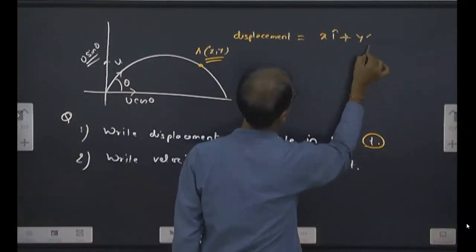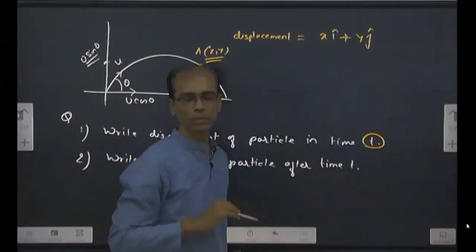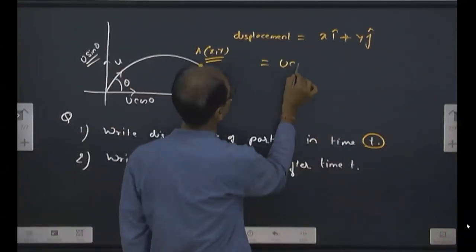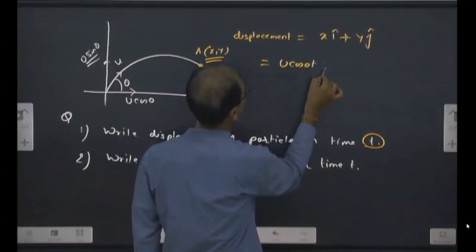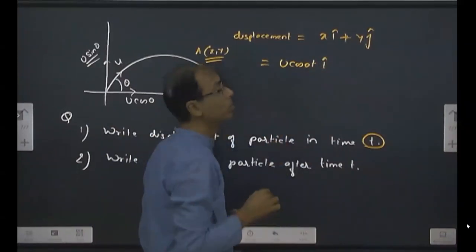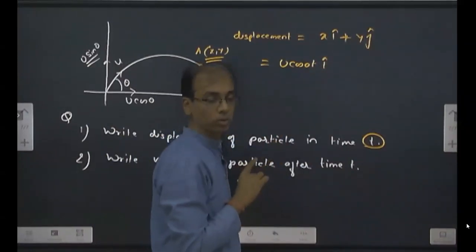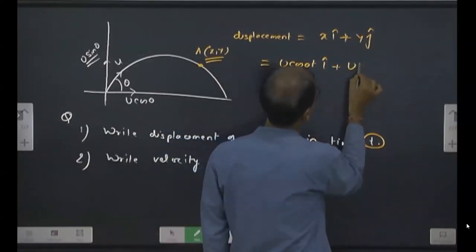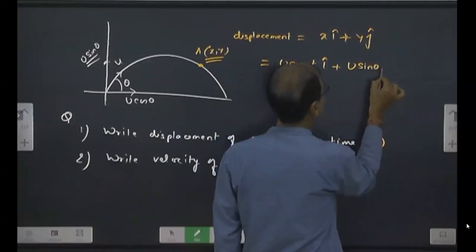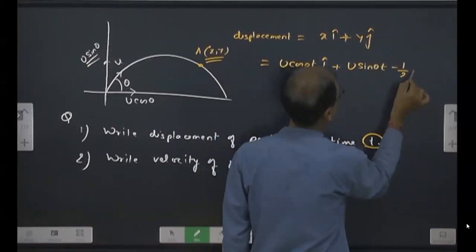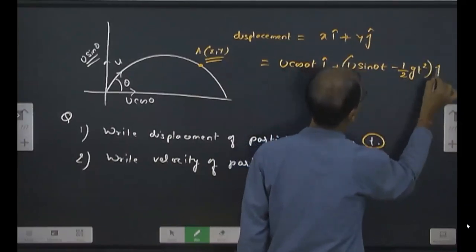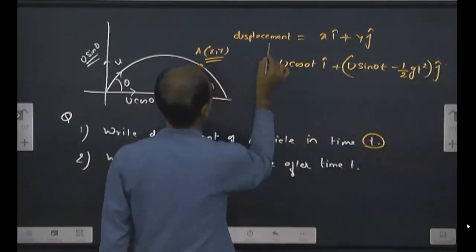Remember always. And what is x? We know u cos theta into t i cap. What is y? u sin theta t minus half g t square j cap. This is displacement, in vector form.